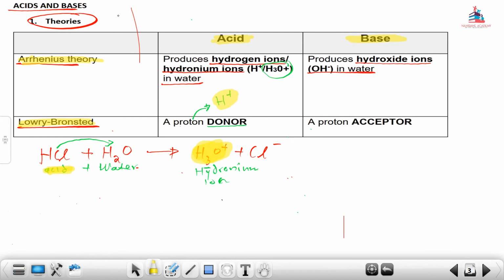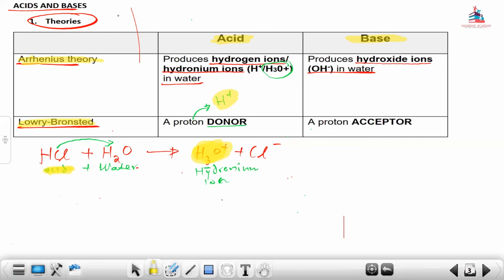So if it says define an acid according to Arrhenius theory, it forces you to emphasize that it's a substance that will produce hydronium ions in water. If I say define a base according to Arrhenius theory, it must be a substance that produces hydroxide ion in water. So you are right to say that, according to Arrhenius, for an acid or a base, the emphasis should be that it must be in water.